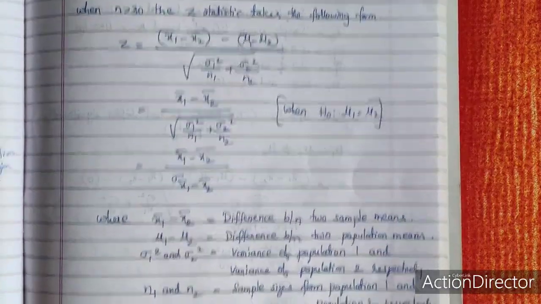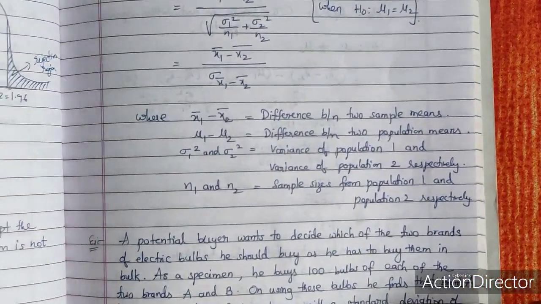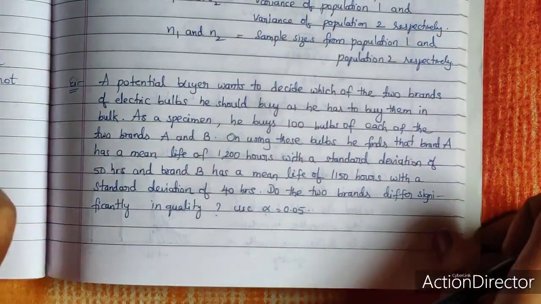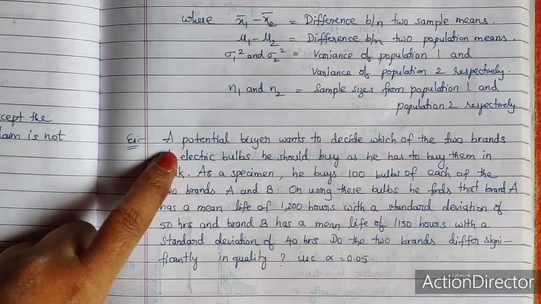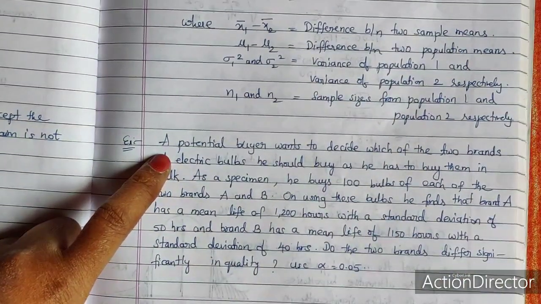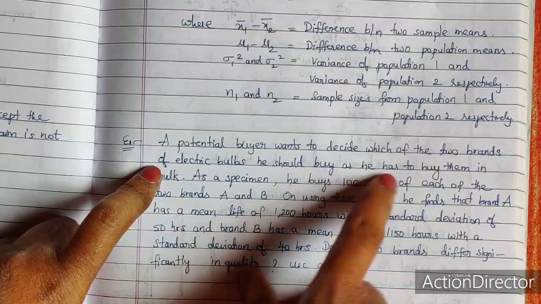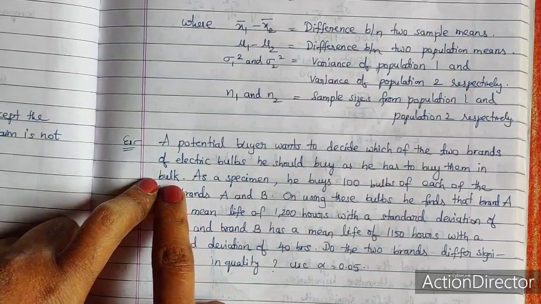I will show you one problem on how this particular test is done. In this example, a potential buyer wants to decide which of two brands of electrical bulbs he should buy, as he has to buy them in bulk.